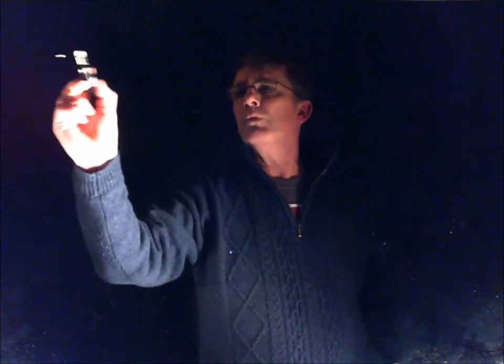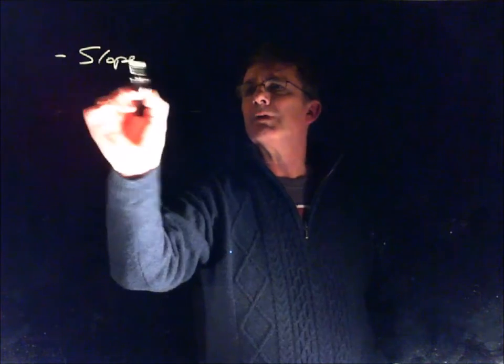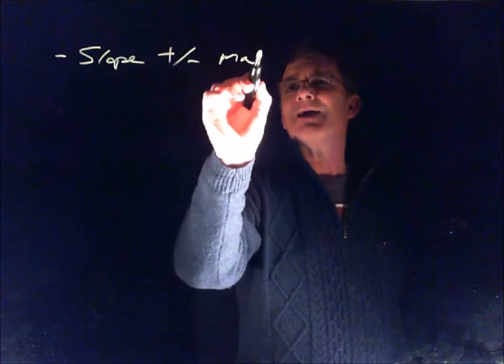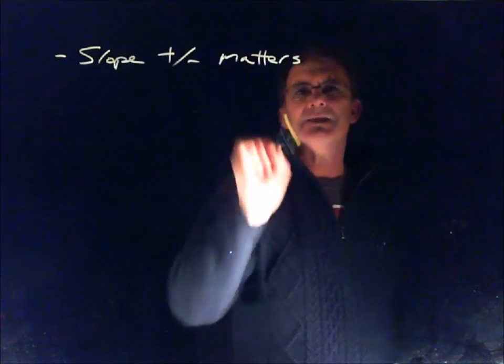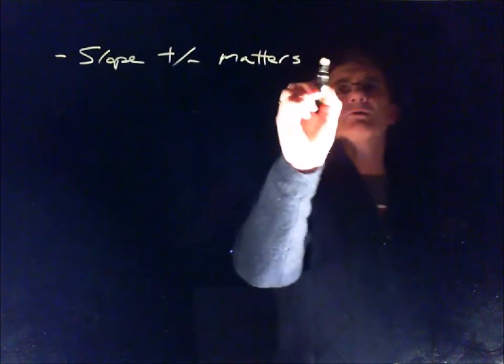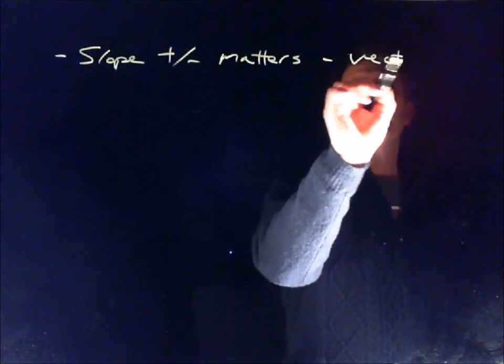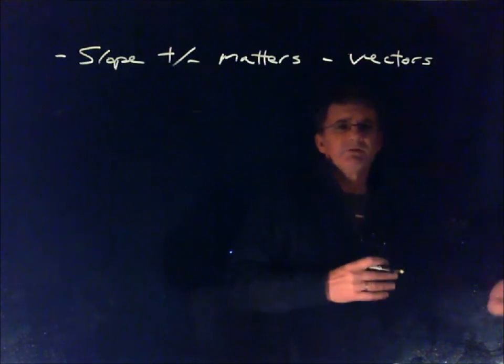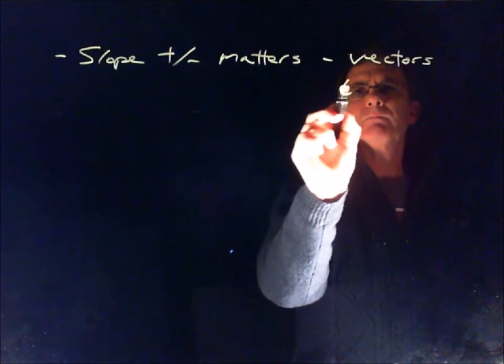A couple of things to keep in mind. When we're looking at the slope, whether it's positive or negative matters. A lot of times we're dealing with vectors, so we're dealing with a positive vector or a negative vector, a positive direction or a negative direction. Or we might be dealing with energy.